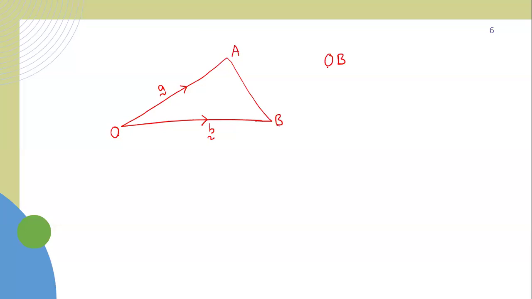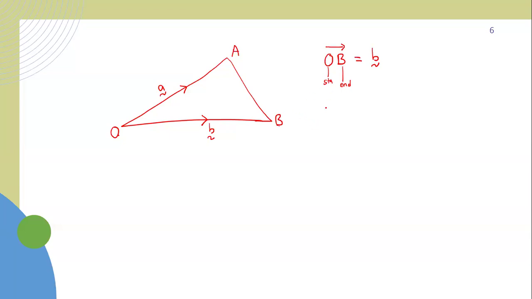That is the vector. The first letter shows us the starting point. Where are you starting from? Then the second letter shows us the end point. O to B means that you have started from O and you have moved towards B. So I can put an arrow up here to show that I'm starting from O and I'm going to B. That means that this vector, when I'm writing it, is the one that we represent by b.